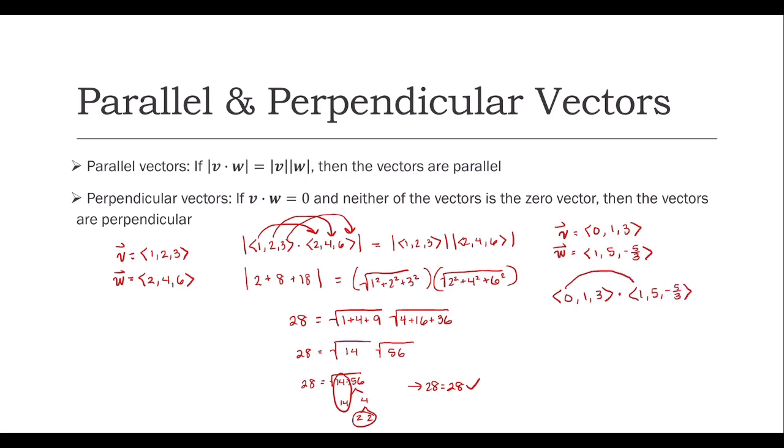So we'd have 0 times 1 is 0, plus 1 times 5 is 5, plus 3 times -5/3 is -5. So we have 0 plus 5 minus 5, and that equals 0. So since that equals 0, that means that these two vectors are perpendicular.